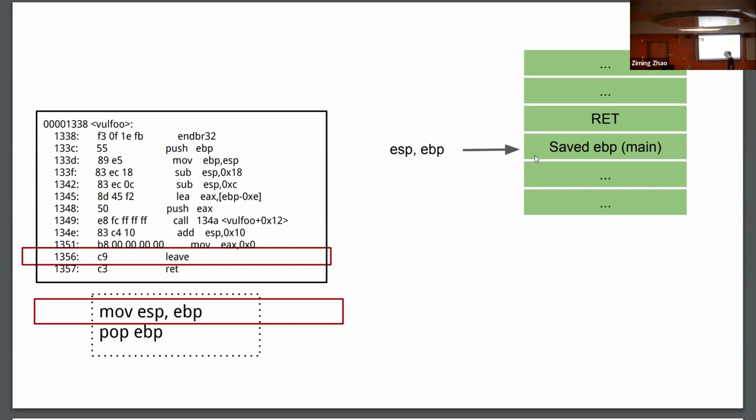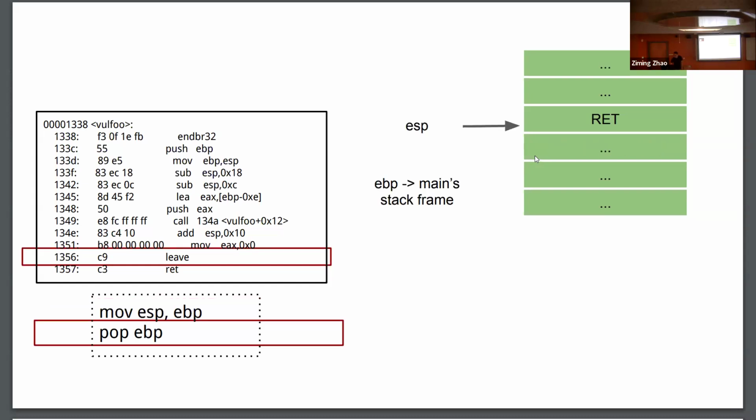So after that, we pop EBP. After we pop EBP, EBP will point to a much higher address, which is the main function's stack frame. And because we have a pop, ESP now points to the return address. This is the saved EIP. The values here were not cleared.